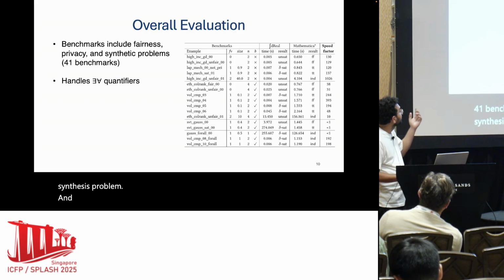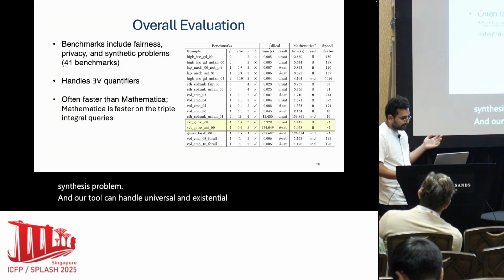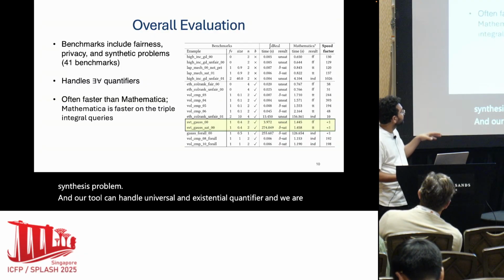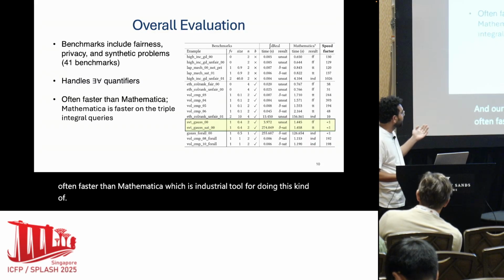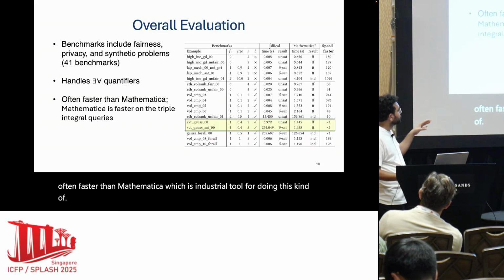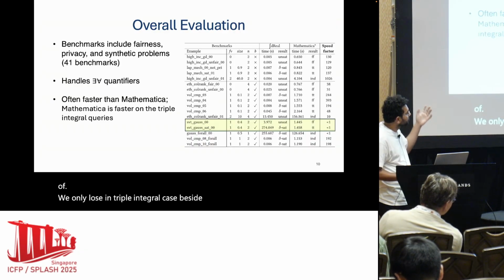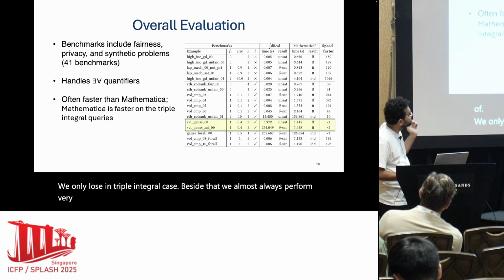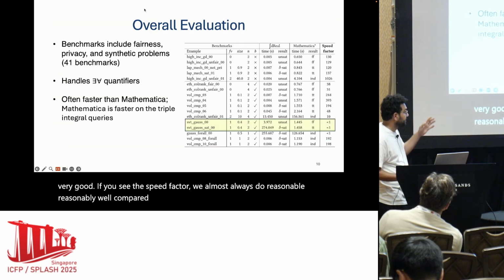Our tool can handle universal and existential quantifiers, and we are often faster than Mathematica, which is an industrial tool for this kind of thing. We only lose in the triple integral case. Besides that, we almost always perform very well. If you see the speed factor, we almost always do reasonably well compared to Mathematica, and ours is open source.